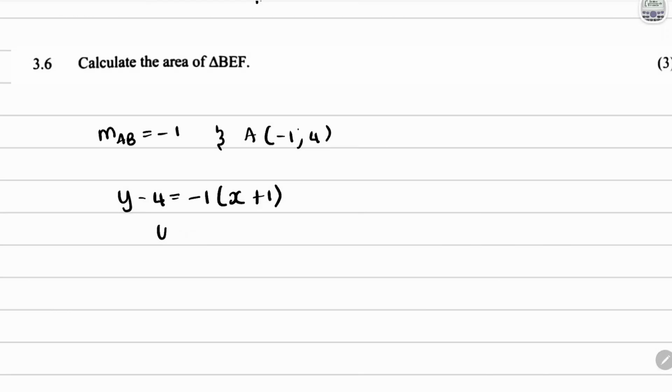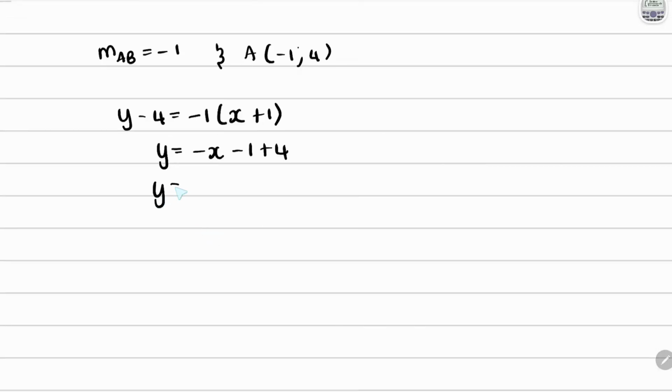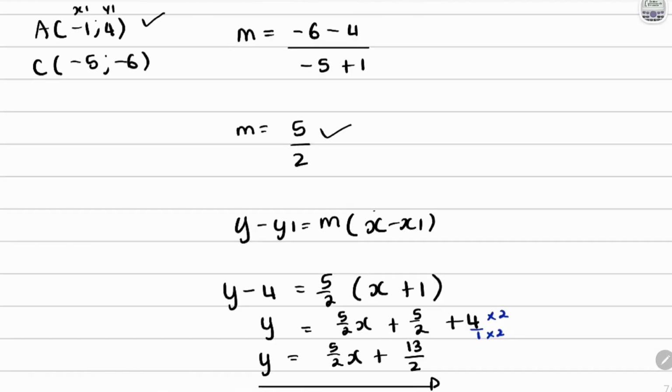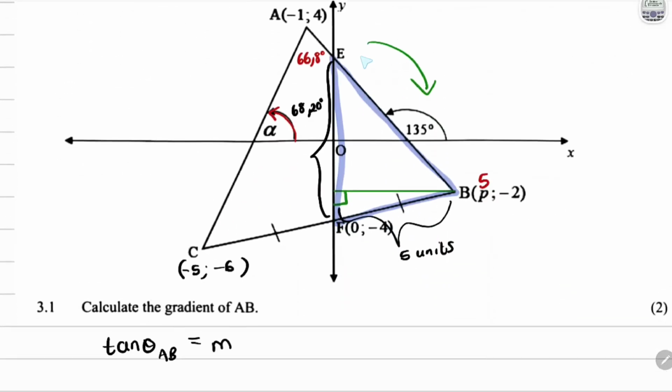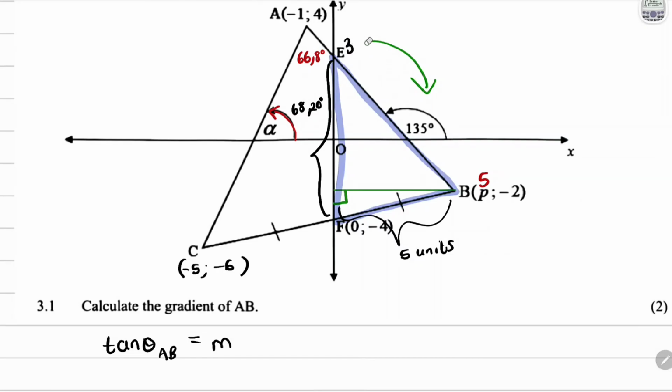When you simplify, y equals -x minus 1, and take your -4 over to become a +4. Then y equals -x, and 4 minus 1 is +3. So there, we know the y-intercept now. Since this is the equation of AB, the y-intercept is +3. That is the y-intercept we were looking for, E. That is (0; 3).